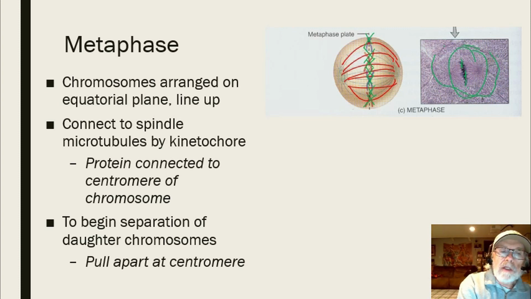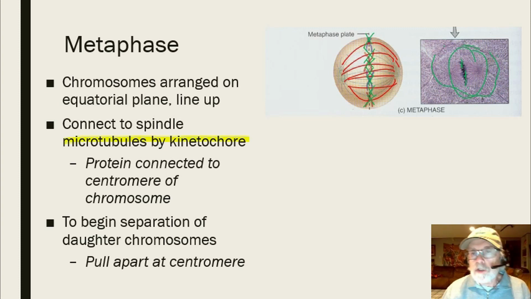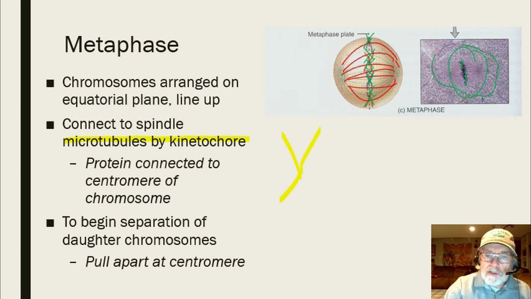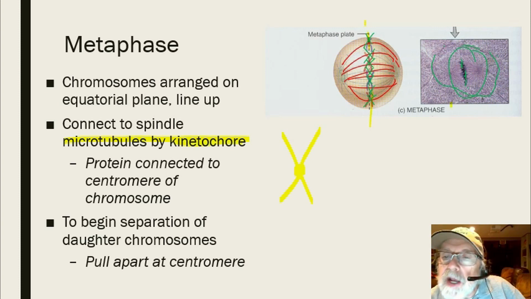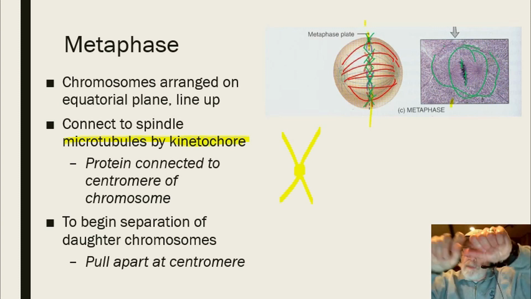In the middle of the spindle, the chromosomes are connected to these microtubules by what are called kinetochores. The kinetochore is a little protein that connects the centromere of the chromosome, the point we talked about on the X-shaped dyad, to that area right along the middle of the spindle. The reason we have these kinetochores is that these spindles are eventually going to start to pull.